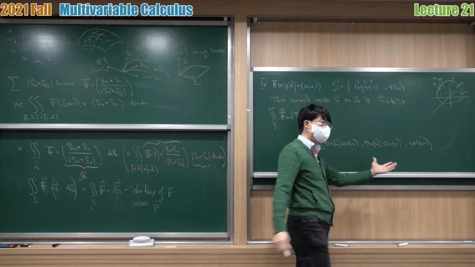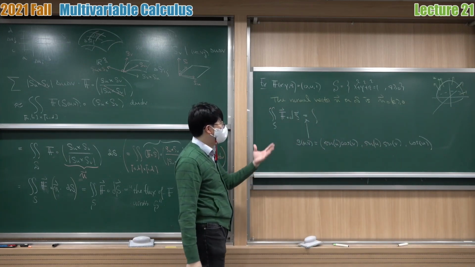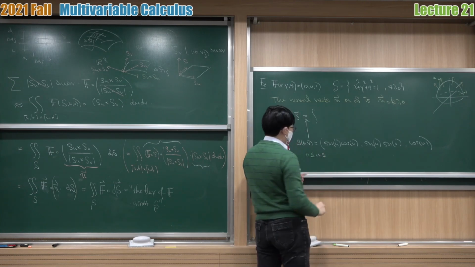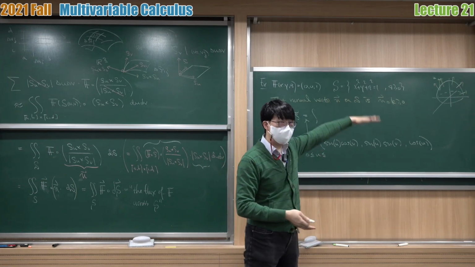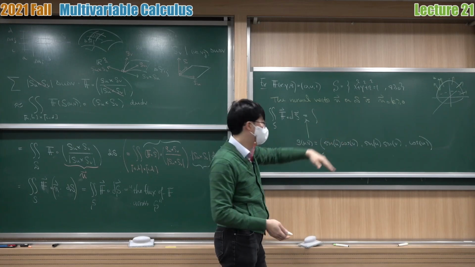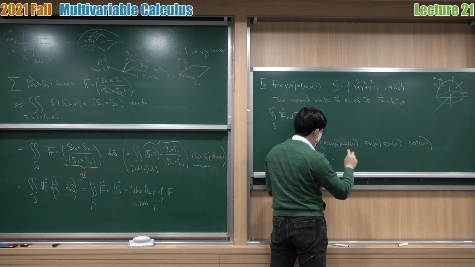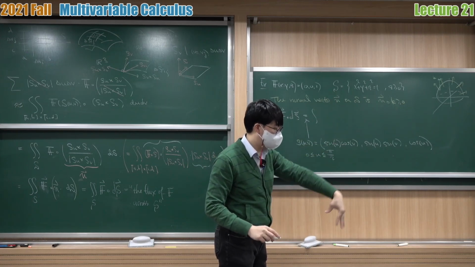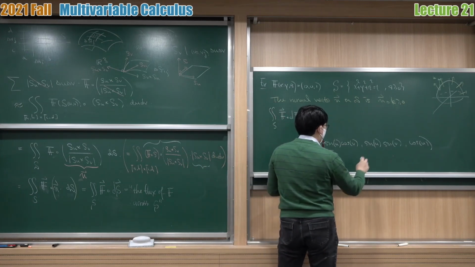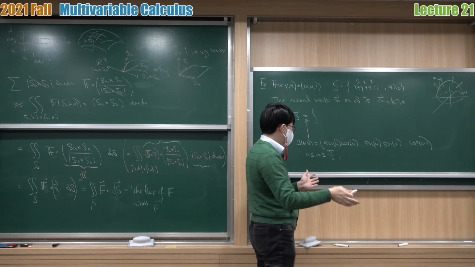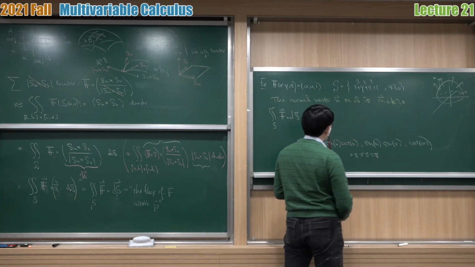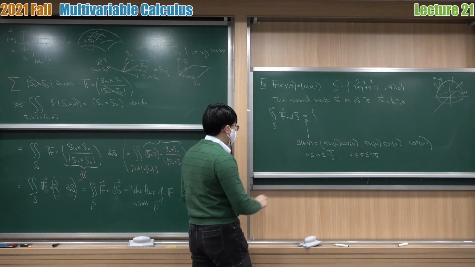That's going to be my parameterization of the hemisphere, but I have to specify the range. So u only ranges from 0 to, not pi, in this case pi over 2. If it goes to pi, then it goes to the lower hemisphere. And v serves as the other angle, so it runs from 0 to 2 pi. So I'm going to integrate that.